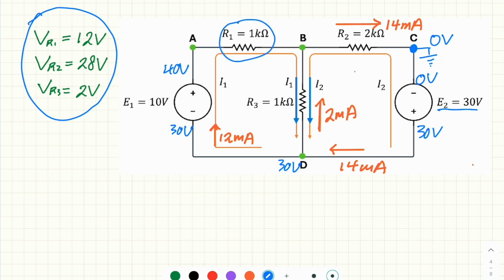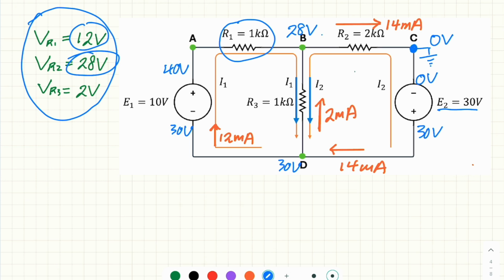The potential difference across R1 is 12 volt. So at B must be 40 minus 12, so this is 28 volt. And the potential difference across R2 is 28 volt.